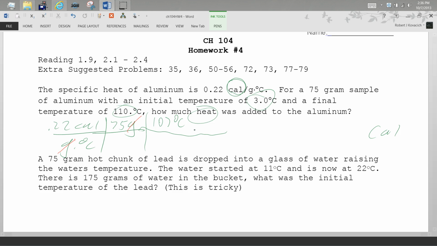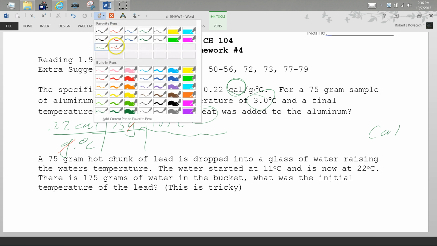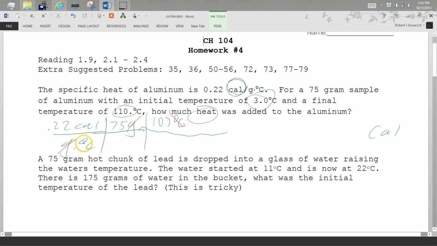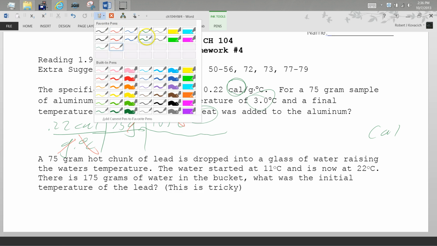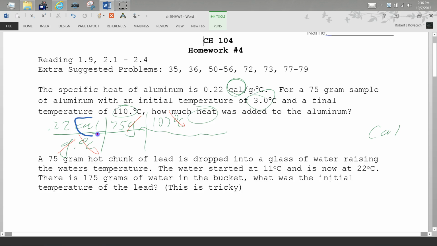So whatever the difference is has to do with the amount of heat that was added. So then I can go and cross off my degrees Celsius now, and that degrees Celsius. And what's the only unit I have left? It's this calorie unit, and that's what I'm looking for. So then I can hit equals: 0.22 times 75 times 107.